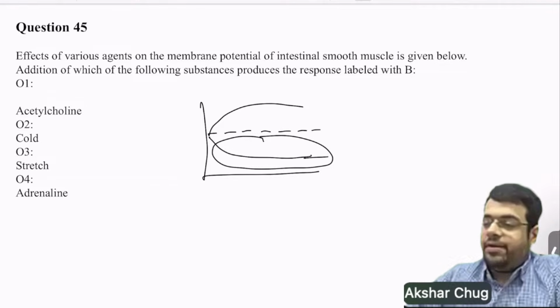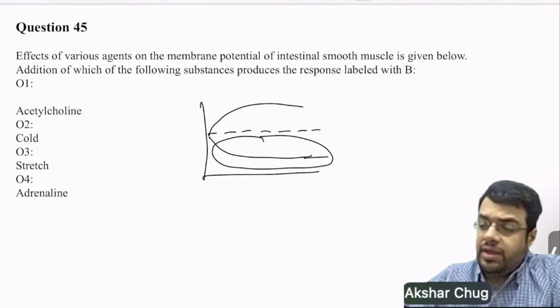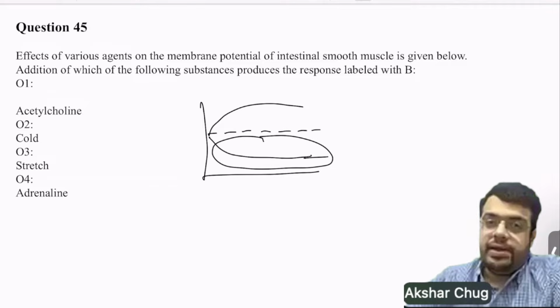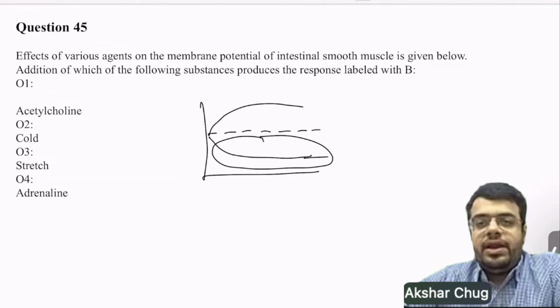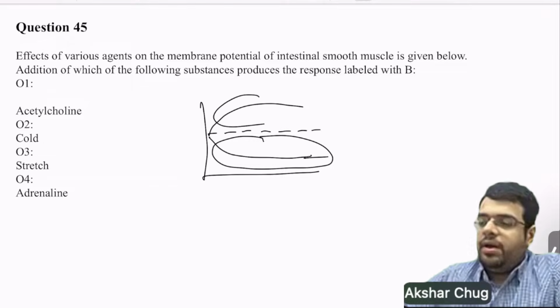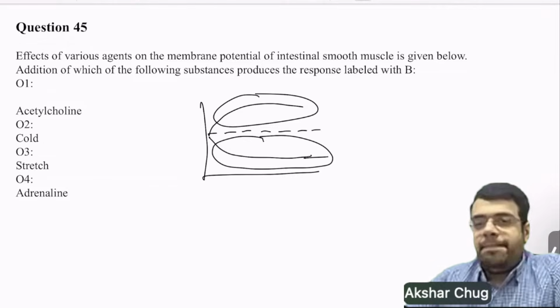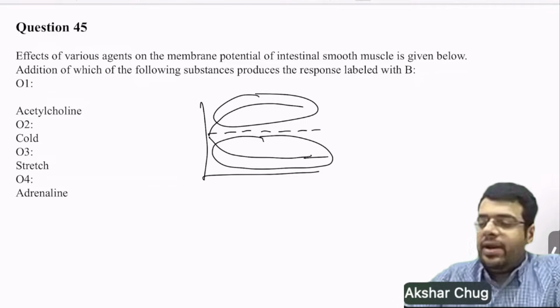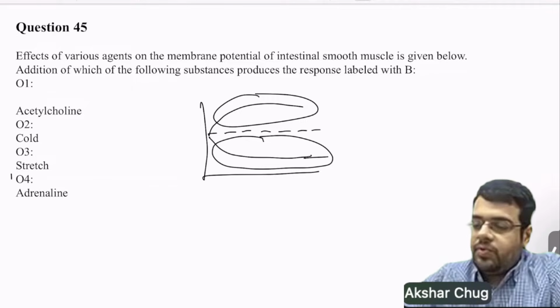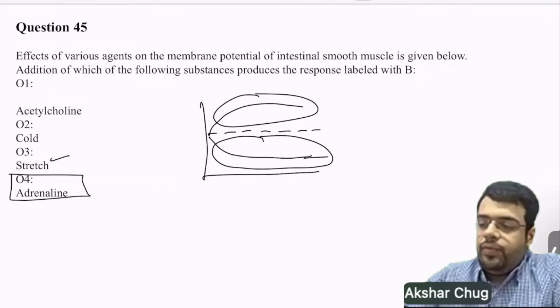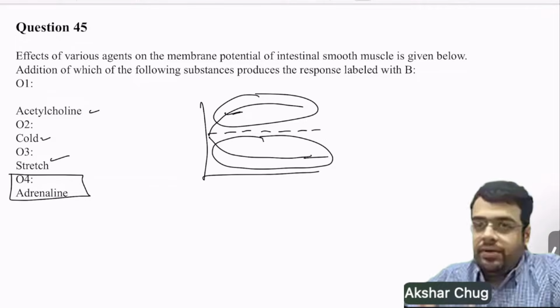In the GIT, whenever any drug stimulates the cholinergic system, it will increase the secretion and the contractility. But any sympathomimetic drug will reduce the contractility and the secretions. So here the option would be adrenaline. Stretch will cause an increase, and cold and acetylcholine will again cause an increase in the contractions.